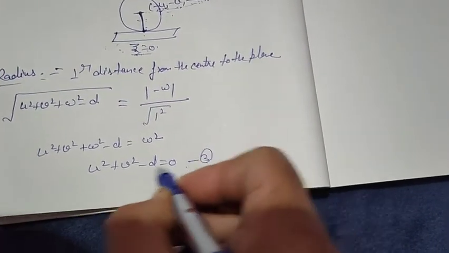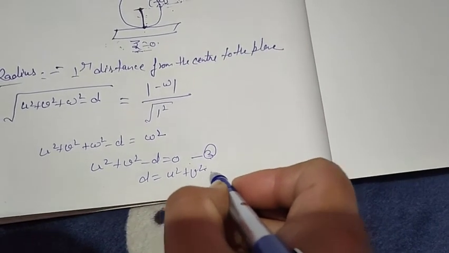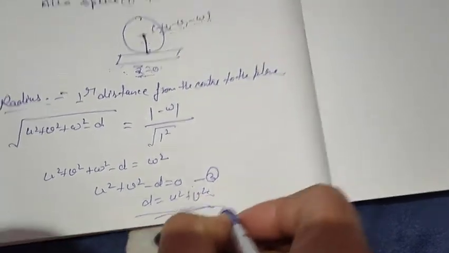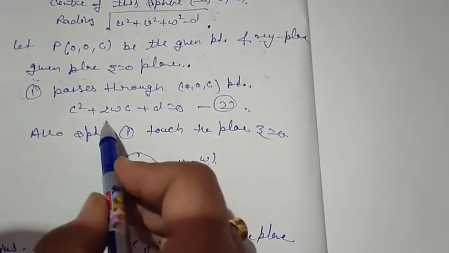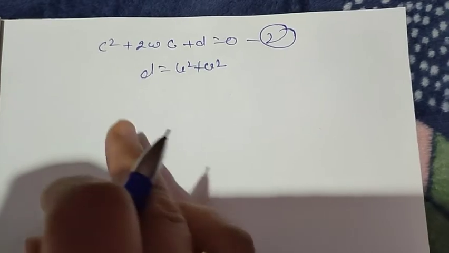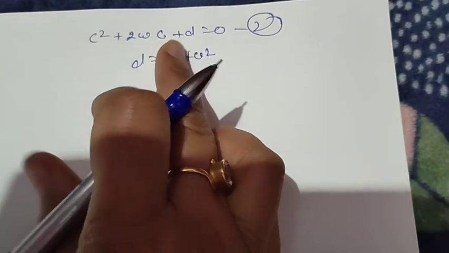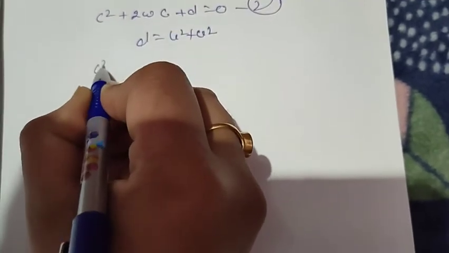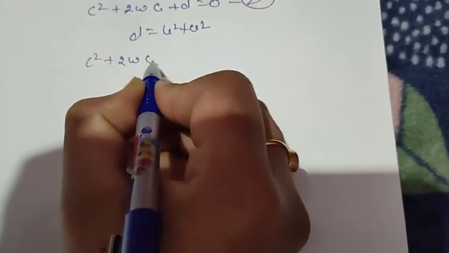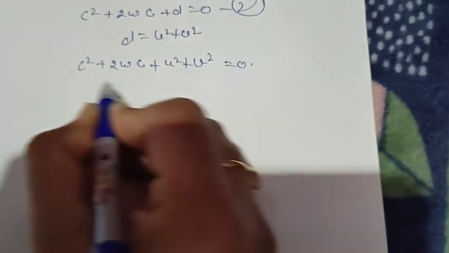So d equals u square plus v square. We put this value of d in the second equation. Then the second equation becomes c square plus 2wc plus u square plus v square is equal to 0.